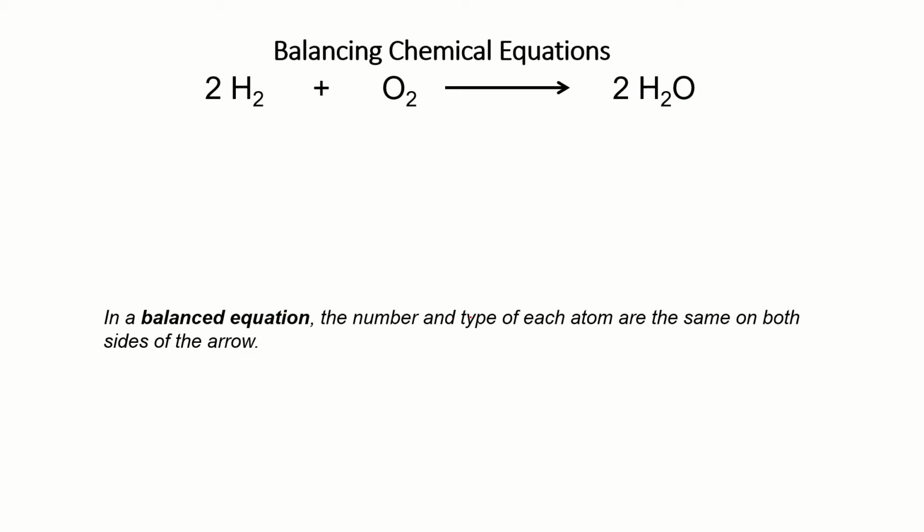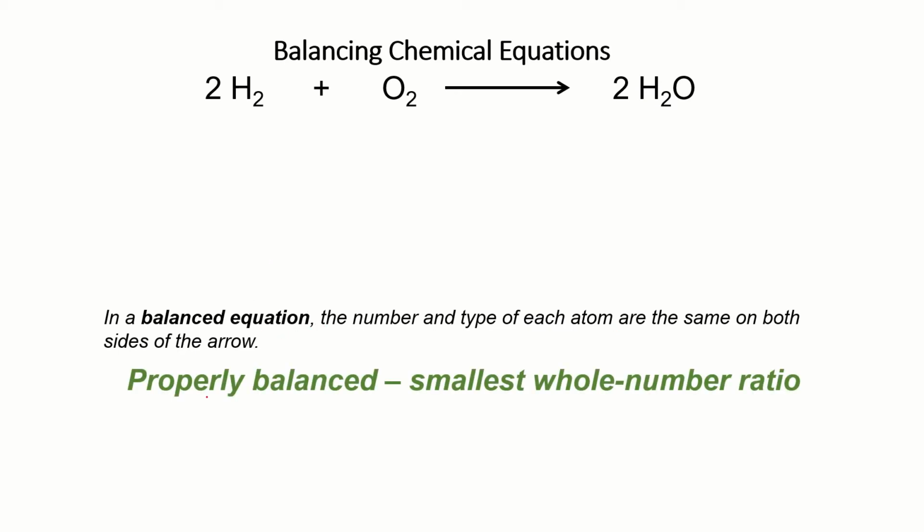So all types and numbers of atoms are going to be the same on both sides. And once you have the equation properly balanced, you will have the smallest whole number ratio. So what is this whole number ratio? These are actually the coefficients that we are looking at.